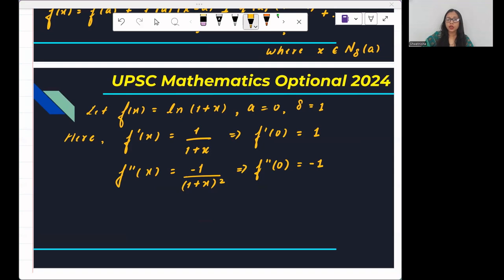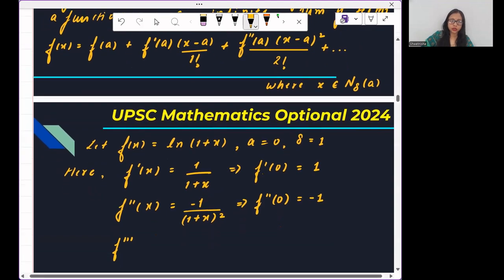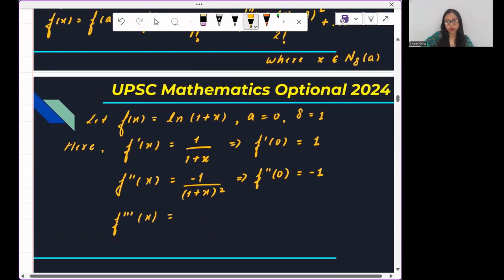The double derivative at 0 comes out to be minus 1. Let's find 2 more. The third derivative is going to be, this is minus 2, so it's 2 divided by 1 plus x to the power 3, which implies the triple derivative at 0 is 2.